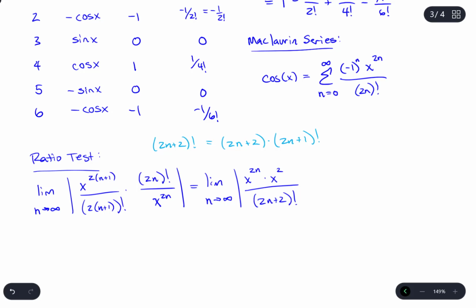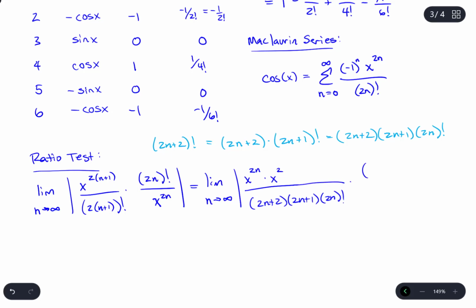Factorial, so just 1 less than this is 2n plus 1. If you take the top term off the next one, it would be 2n plus 2 times 2n plus 1 times 2n factorial. I'm going to go ahead and do that. So this will be 2n plus 2 times 2n plus 1 times 2n factorial.